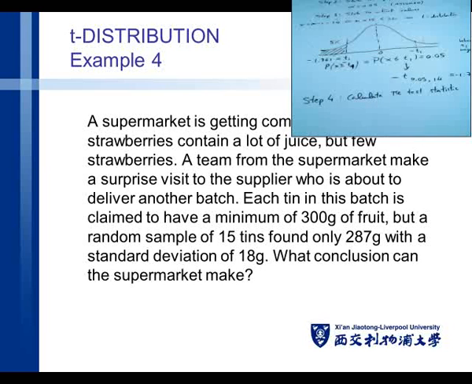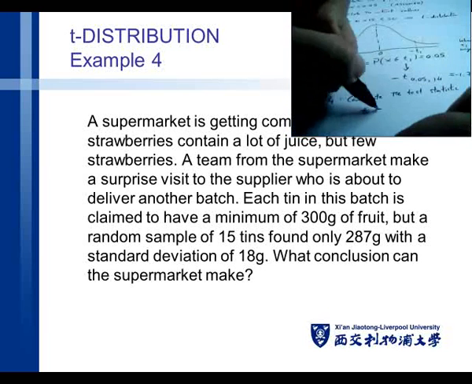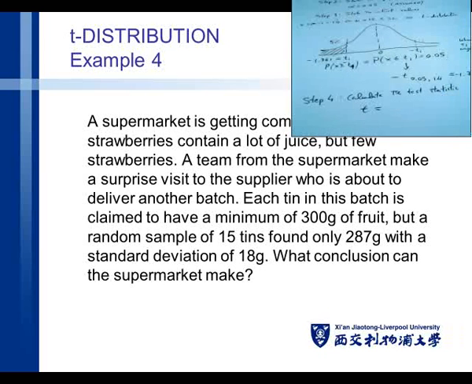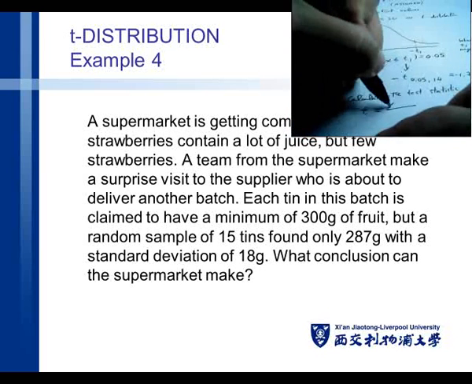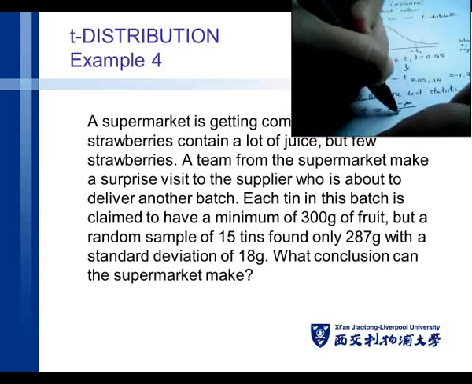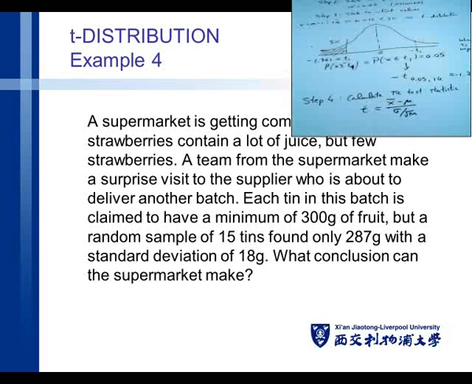And the test statistic now, when you standardize it, because the sample size is small, doesn't have a standard normal distribution, but a t distribution. So let's say t, a value in the t distribution, can be found as x bar minus mu over sigma over square root of n, same as before.